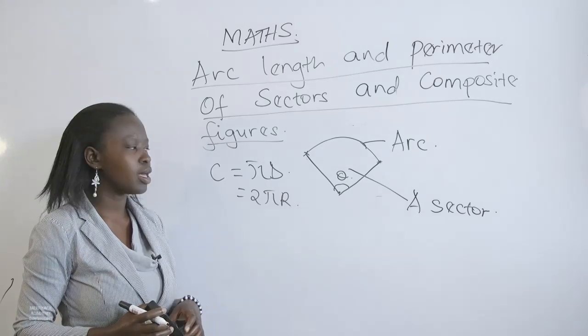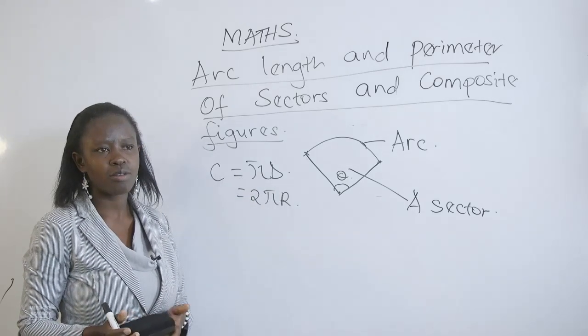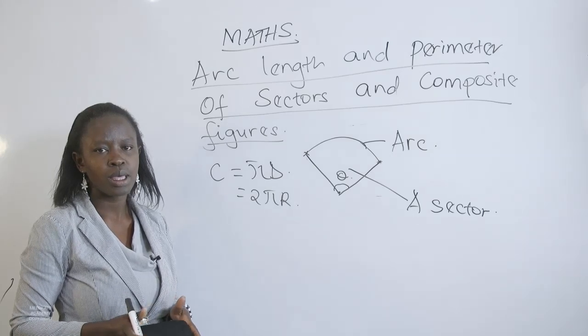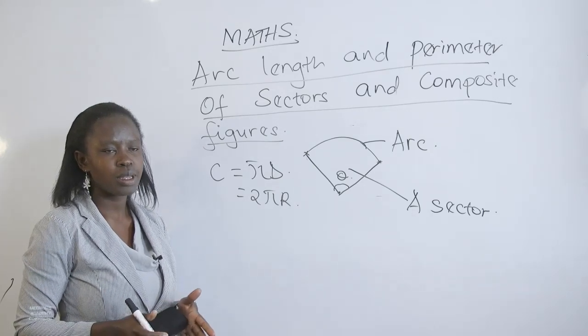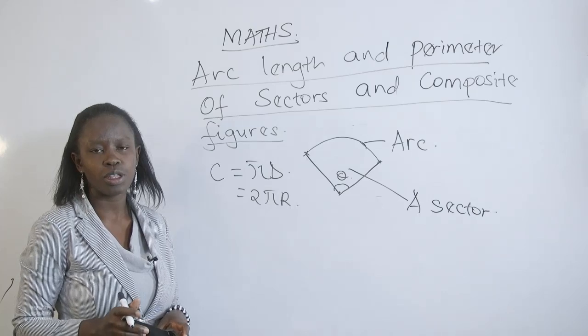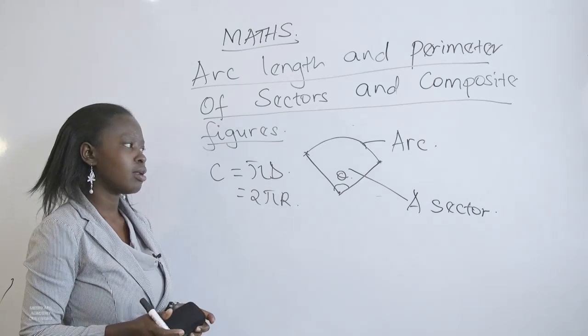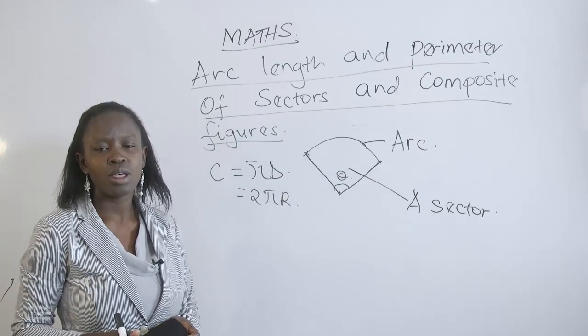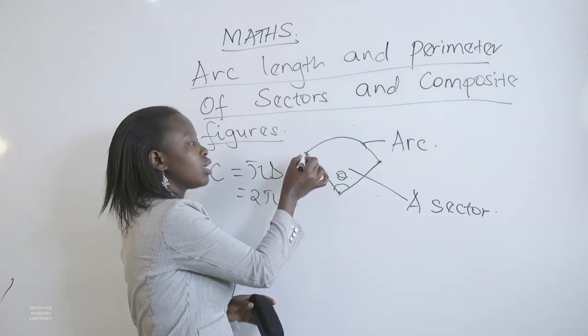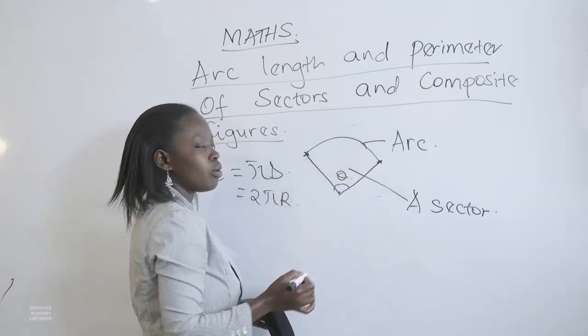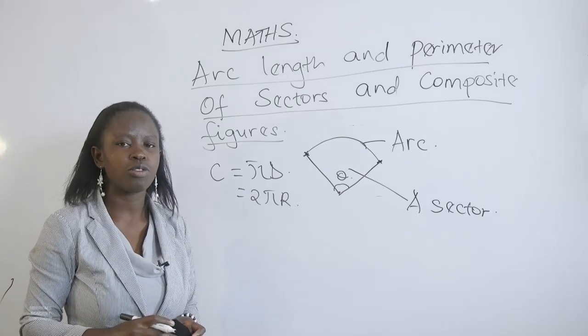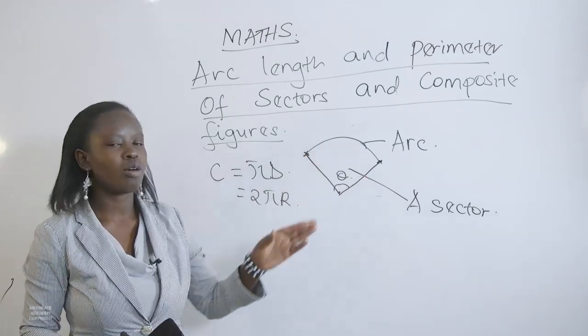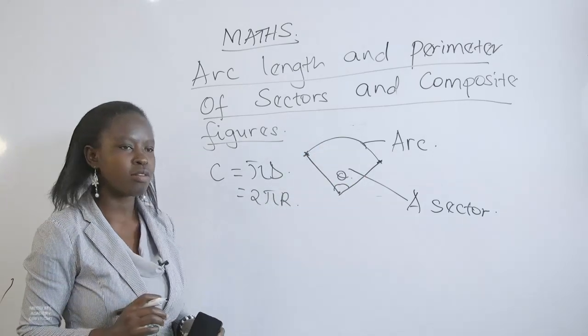When you're working with the diameter, the circumference is given by pi d. When you are working with the radius, the circumference will be obtained by 2 pi r. But we are now talking about the arc. We need to get the length of this given arc. We are not talking about the circumference of the whole circle, but part of the circumference of this given circle.